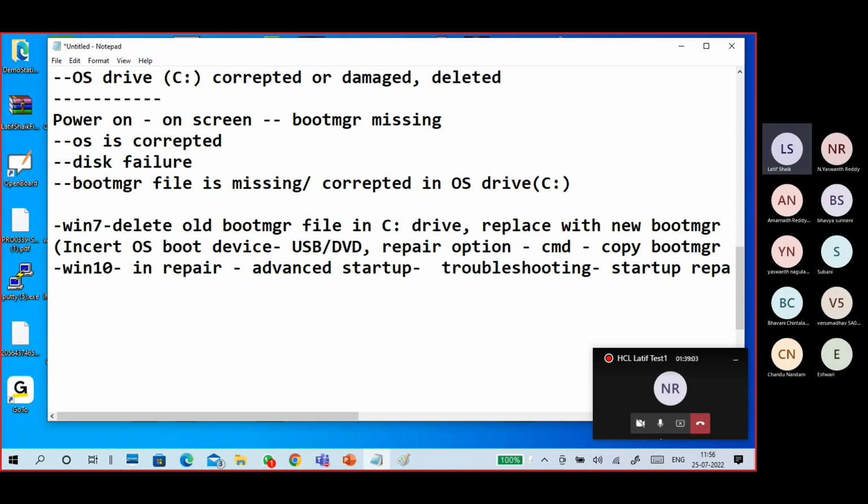You can also do it here, and as in Windows 7 you can replace it too. Okay, so this is the Boot MGR missing kind of stuff.